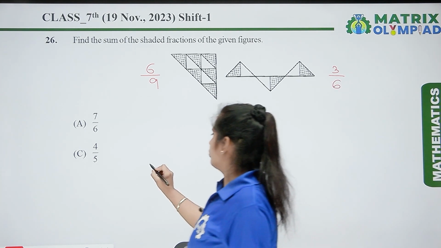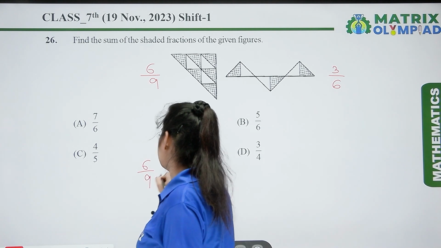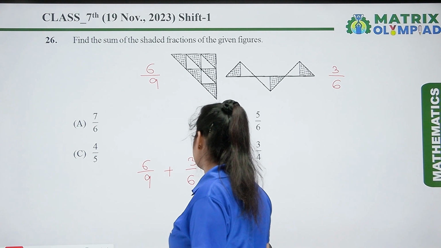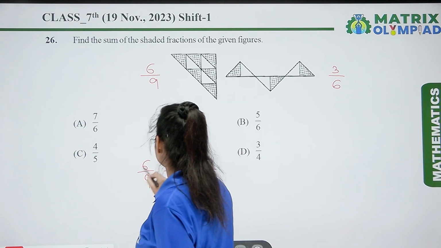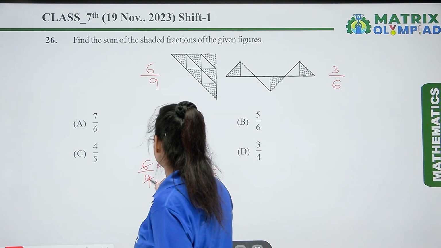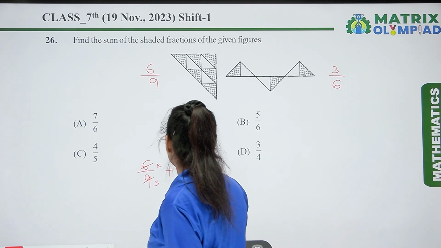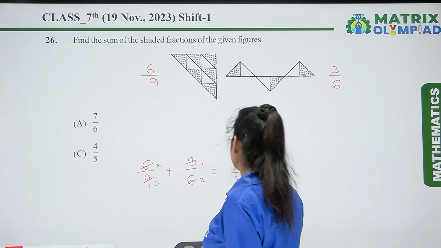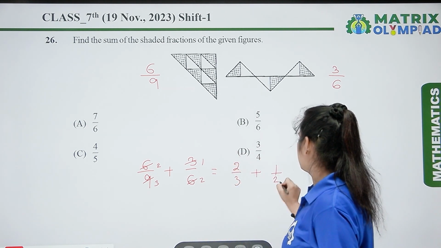So let's calculate 6 upon 9 plus 3 upon 6. That is equal to, after reducing to lowest terms, we get 2 upon 3 plus 1 upon 2.